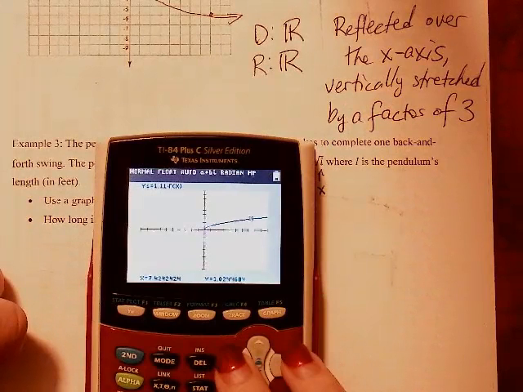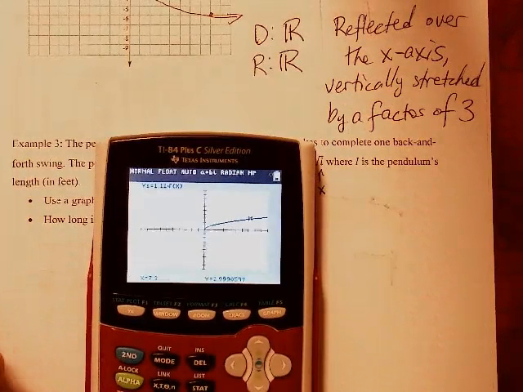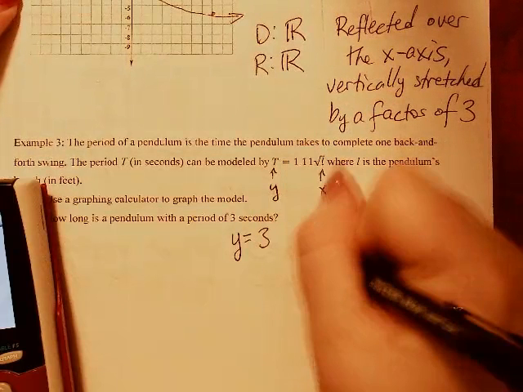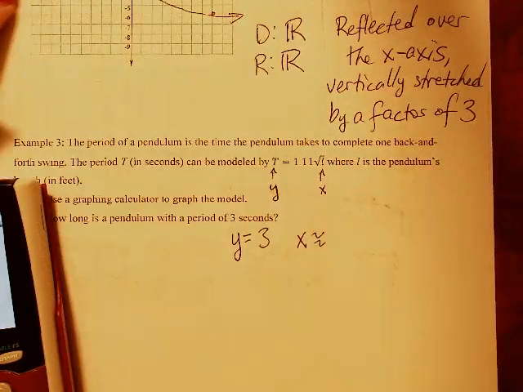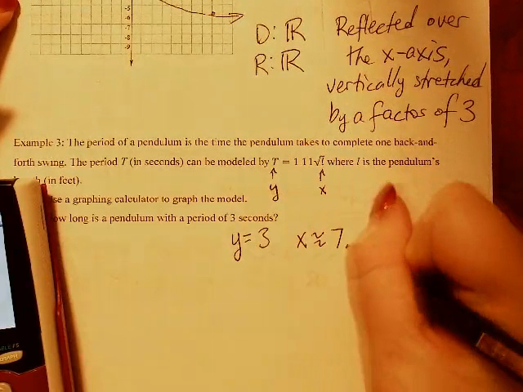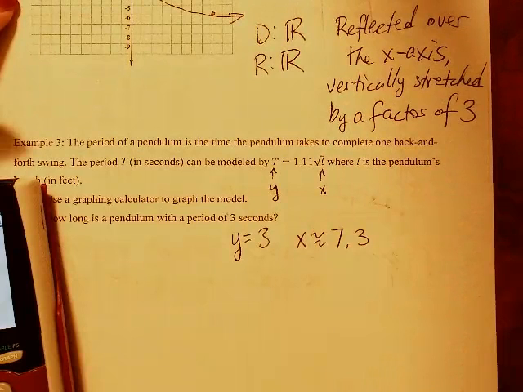Somewhere between 7.27 and 7.42, so I'm going to guess 7.3, and that gets me real close. So I'm going to say that x is about 7.3 feet.